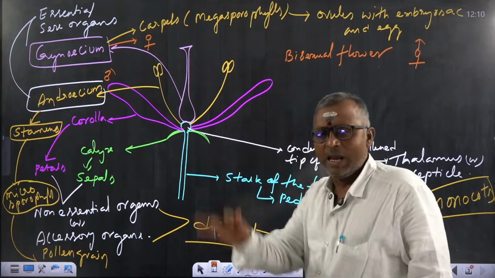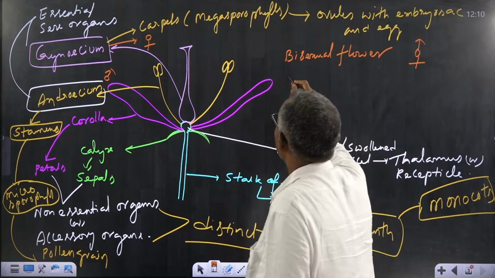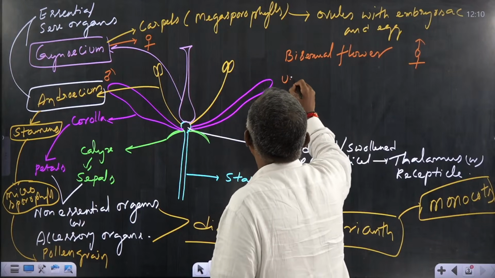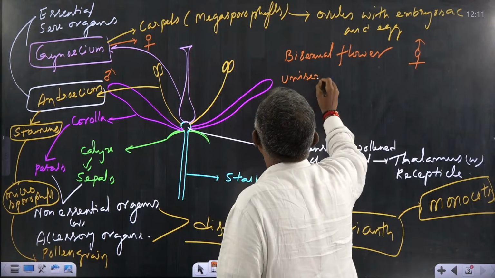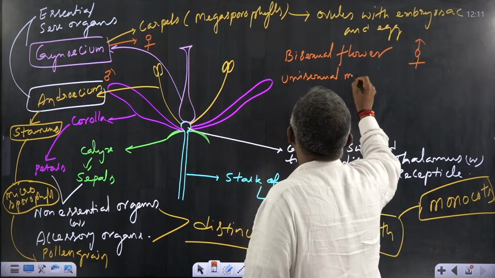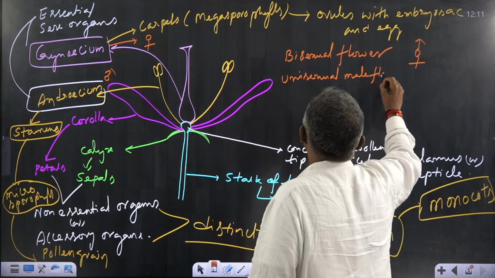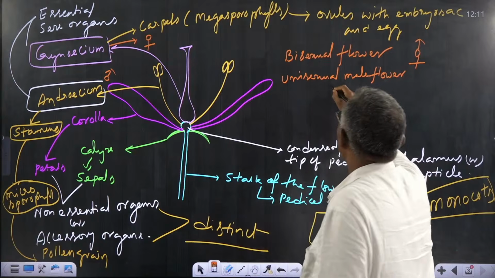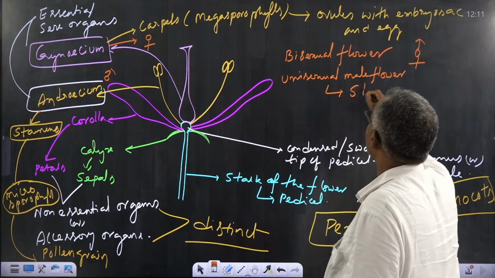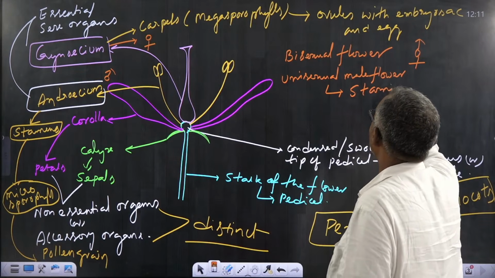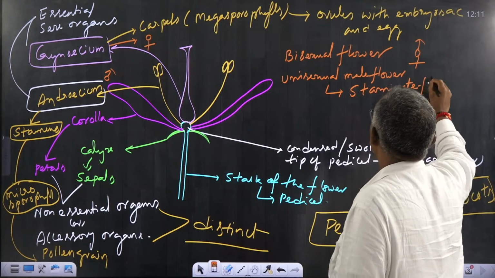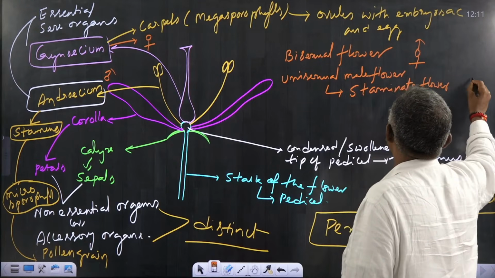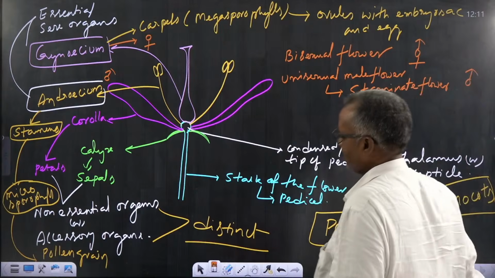If they have only androecium, that means only stamens, then such flowers are called unisexual male flowers. Now this unisexual male flower is also called staminate flower. What is it called? Staminate flower. Now the symbol is this.